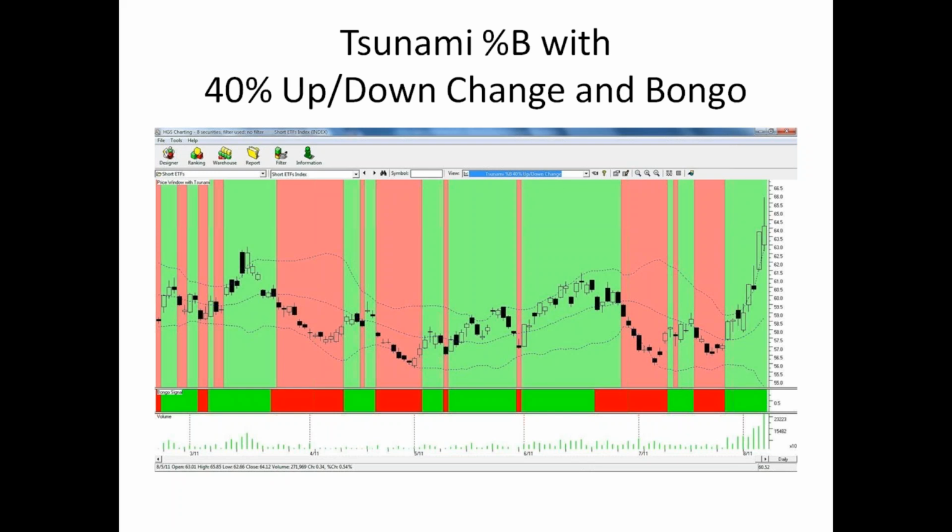You'd be buying PSQ, buying SH, or maybe if you want, you could use one of the leveraged ETFs like QID, the 2 times leveraged NASDAQ 100 ETF. Whether you use the short on the short side, the long on the long side, or vice versa, that's entirely up to you.